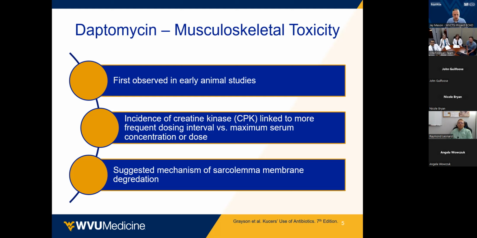Daptomycin is believed to break down the membrane around muscle cells and cause the release of CK and the myopathies that are described. So a longer dosing interval would allow the host to repair any damaged muscle cells in the interim, versus something like Q8 hour dosing, where they're consistently receiving more doses of antibiotic.